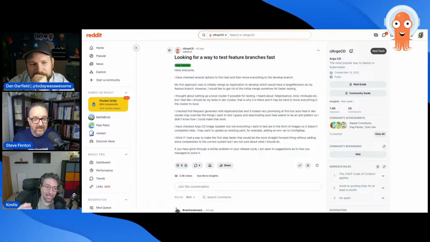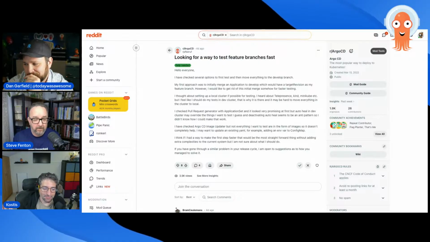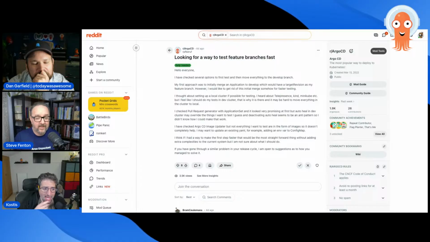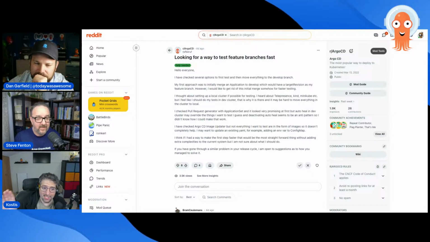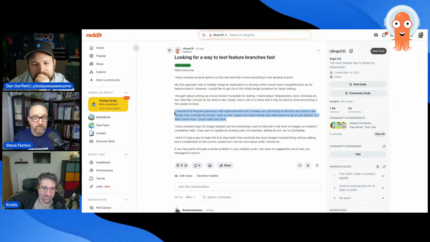You should be able to create 3 of those, 5 of those, 10 of those. It doesn't really matter. So I don't really understand what the problem is with the PR generator. The PR generator is created exactly for this scenario. So you just create something with a PR generator and have a separate preview environment that has nothing to do with QA, staging, or whatever else you call your other environments.